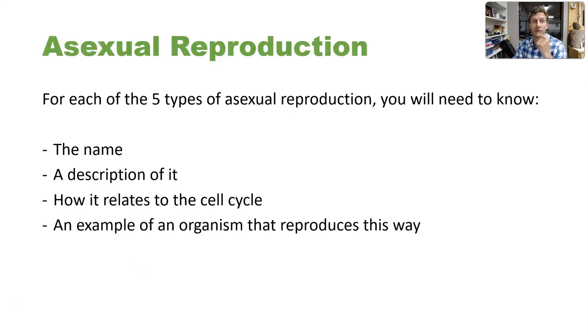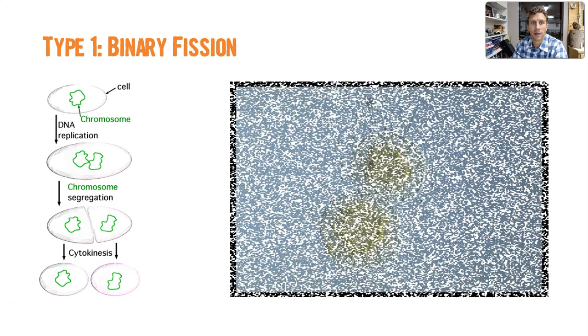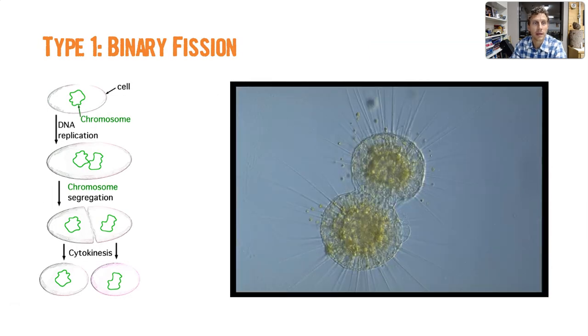So we learned 5 different types of asexual reproduction, and there's a lot to know there. You need to know the name of each type, a description of it, how it relates to the cell cycle, and an example of an organism that reproduces that way. So first type, Type 1, binary fission.